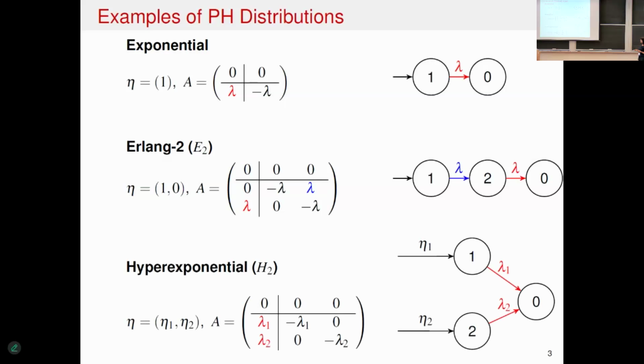And convolution of exponential distributions or hyperexponential distribution is another example of phase type distributions. As you know, for Erlang K, the squared coefficient of variation is less than 1, and for hyperexponential it is greater than 1. And actually, we can show that we can approximate any distribution with support on the positive line with a phase type distribution, and this is the importance of working with phase type distributions.